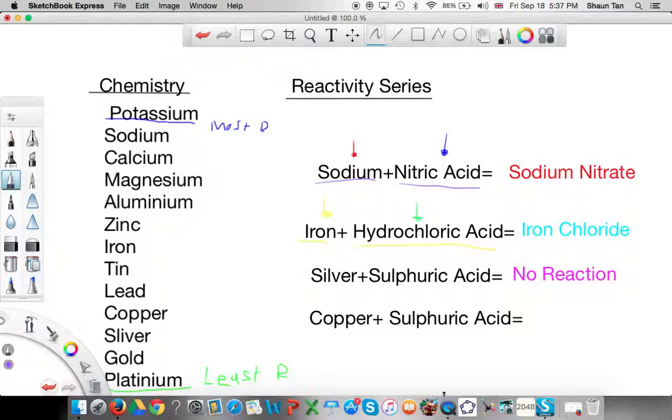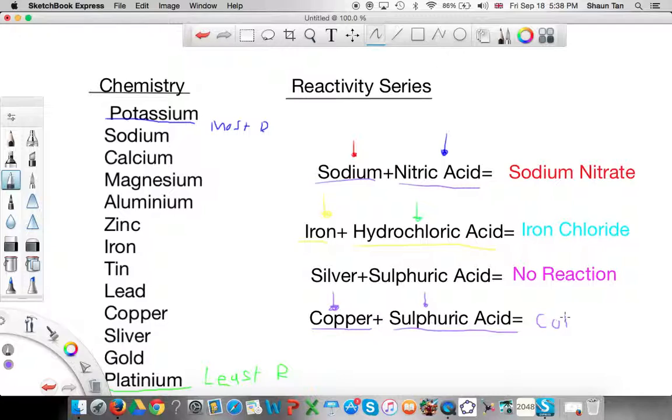First of all, we need to look at the reactivity series. Copper is right here. So we know that it'll be copper, and yes, it'll be copper sulfate because sulfuric acid makes sulfates. So it gives you copper sulfate.